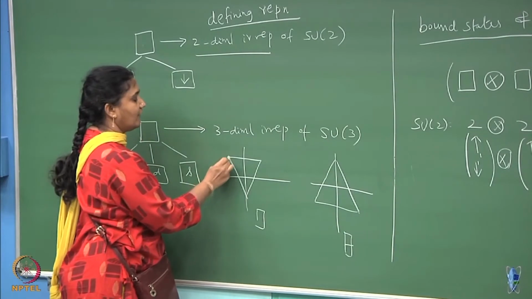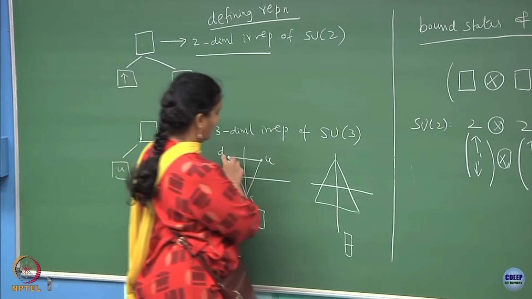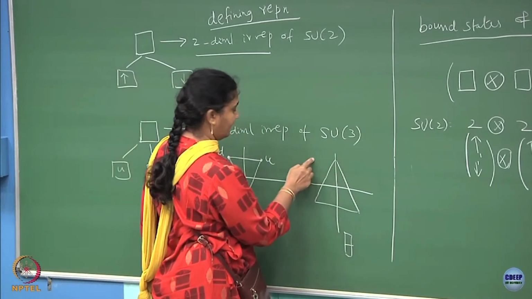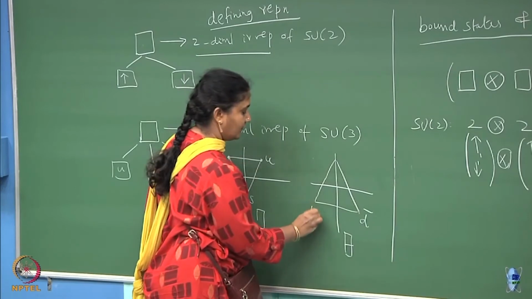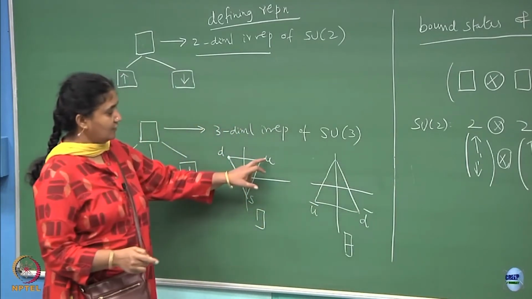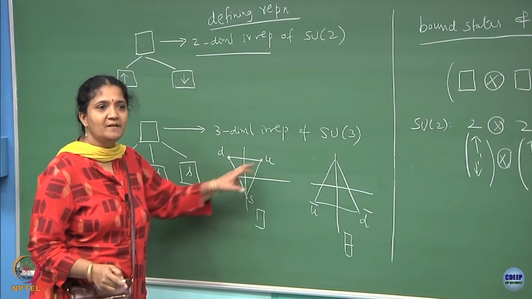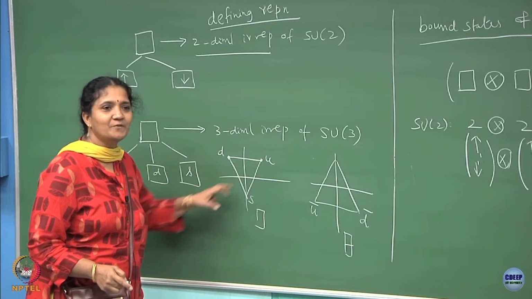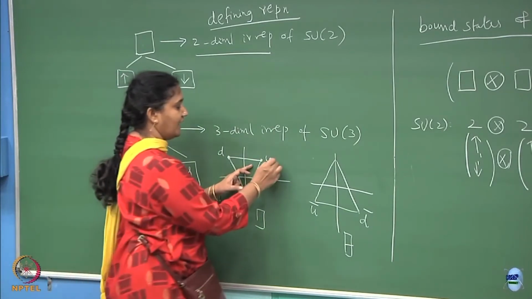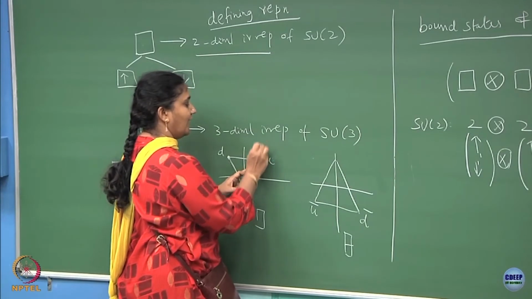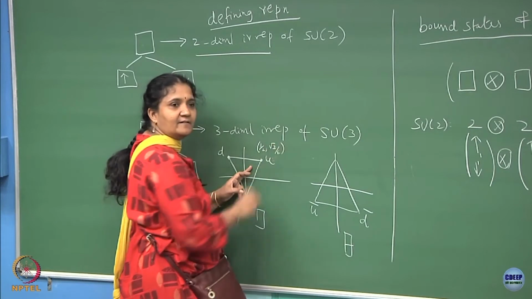So, if I call this D, this is U, this is S, then the D which you had there will become D bar, then U bar, because U will become the opposite with the negative, completely diametrically opposite, or you can call it inversion. Whatever value you had here, this point had a value which was half and root 3 by 6, right.